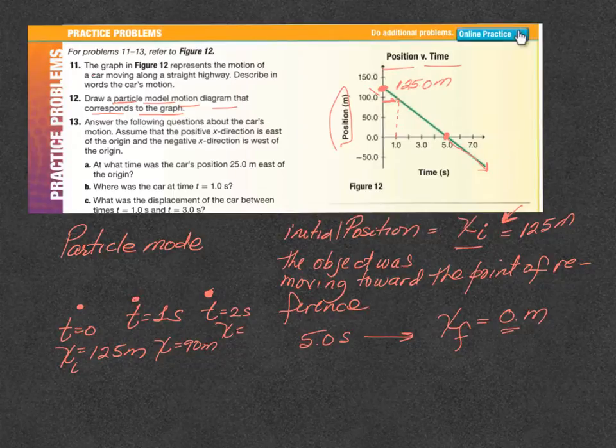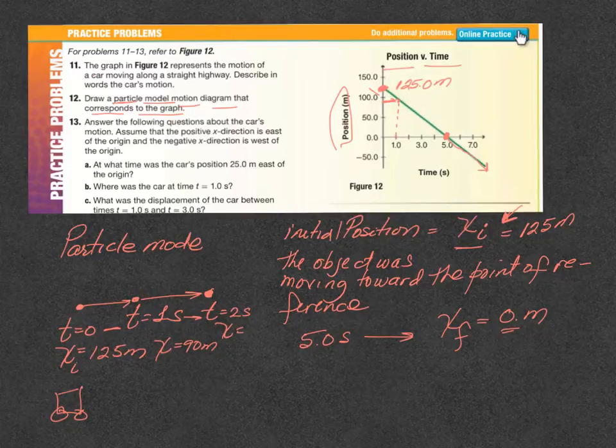Now you're going to do the same with the motion diagram. But instead of using a dot, what are you going to use? You're going to use the car, a picture of the car. So the time interval has to be the same. The vectors that you have here representing the displacement are going to be the same, because when you have a straight line, the object is moving at a constant rate.